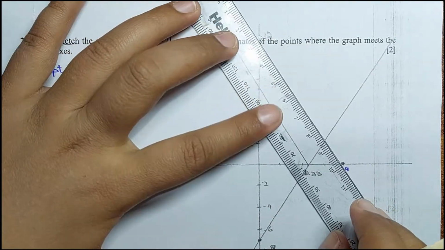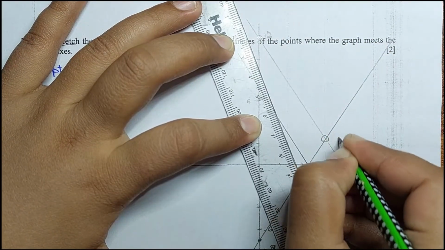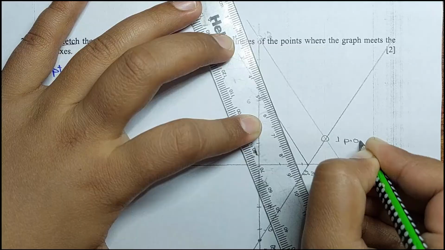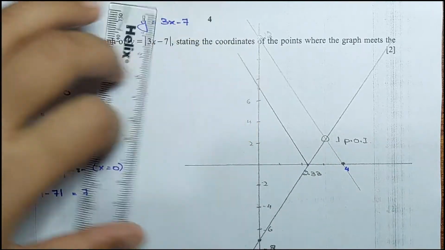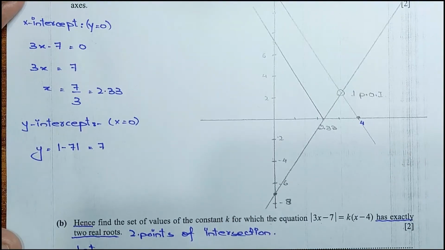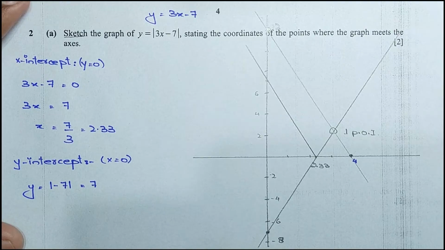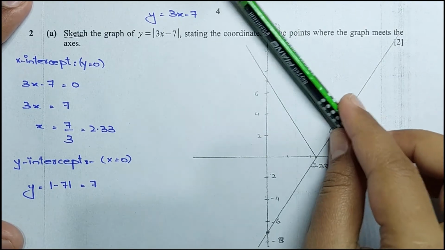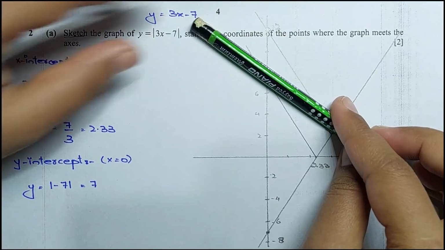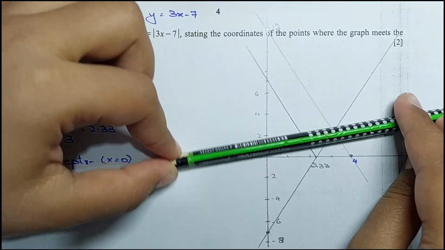If I draw the line, as you can see, when the slope is -3 it has only one point of intersection. So we have to find when it has exactly two real roots, meaning 2 points of intersection.